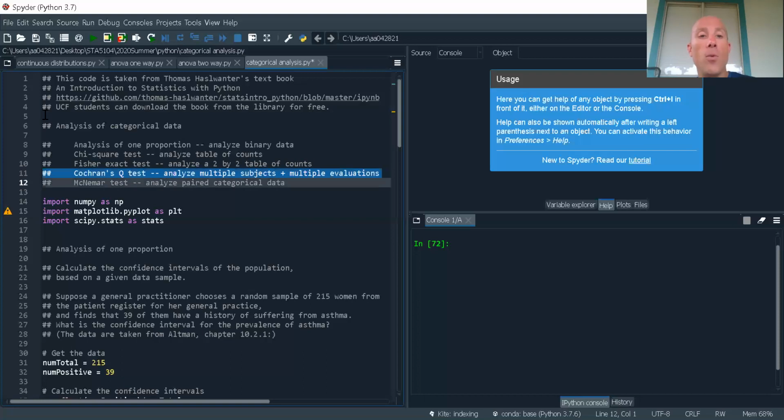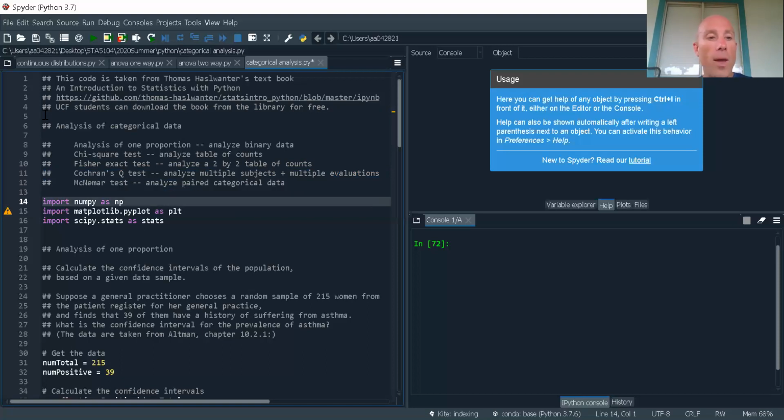Then we're going to look at the situation where we have multiple judges and multiple subjects, or multiple tasks and multiple subjects, some way that there is an evaluation going on. And then we're going to finish it off with analyzing paired categorical data.